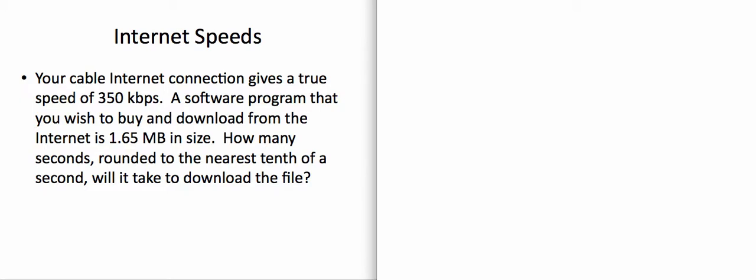Now this next example deals with the internet speeds, and this is the conversion stuff that you need to know. Your cable internet connection gives you a true speed of 350 kilobits per second. It's a lowercase b, so that's a kilobit. So first thing we want to do is turn this 350 kb per second into just bits per second.